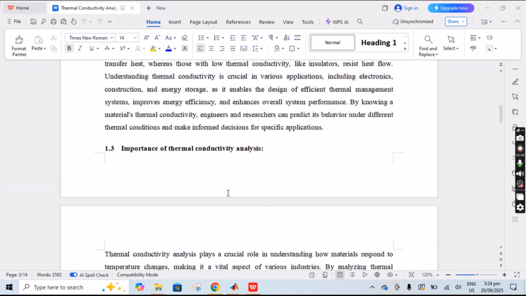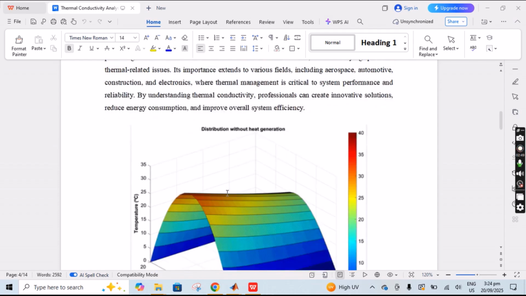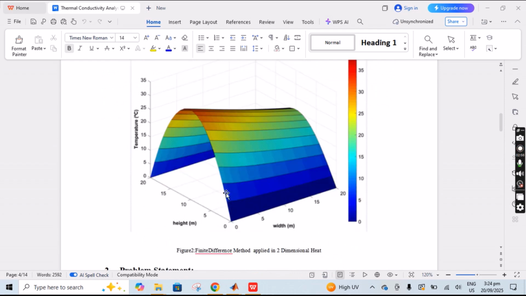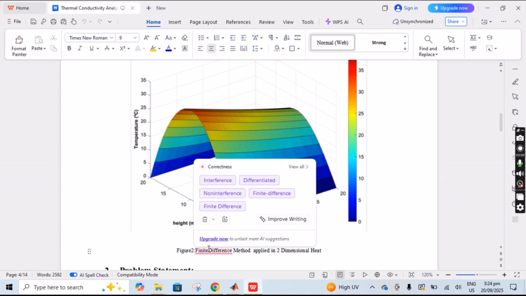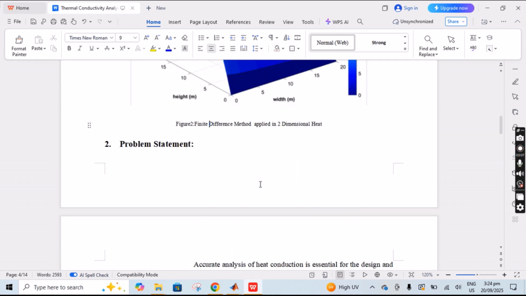So this is the understanding of thermal conductivity, the importance of thermal conductivity analysis, and this one is basically the distribution without heat generation in the finite difference method. So yes, in the two-dimensional heat method.